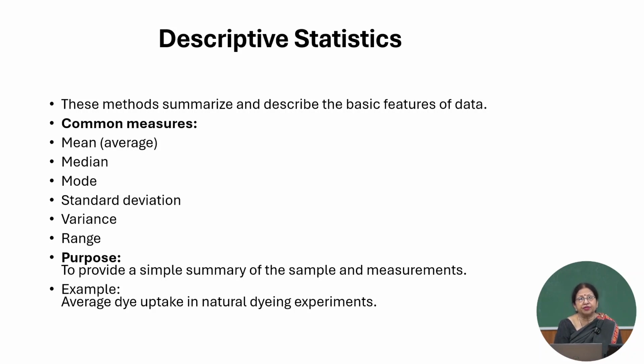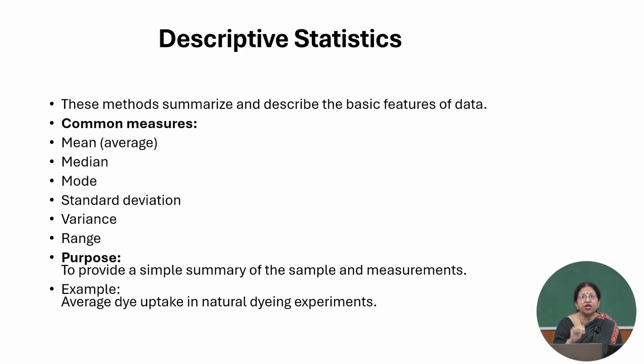For example, if we take average dye uptake in a natural dyeing experiment, we will say that by and large it is between say 30% to 35%. Now this value has not come from the air.